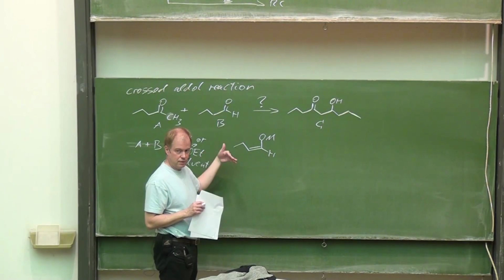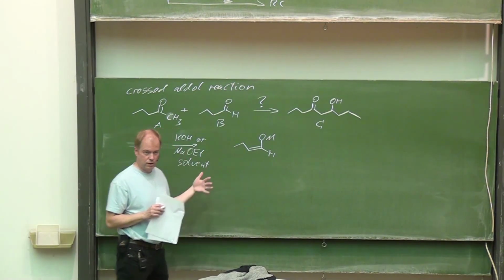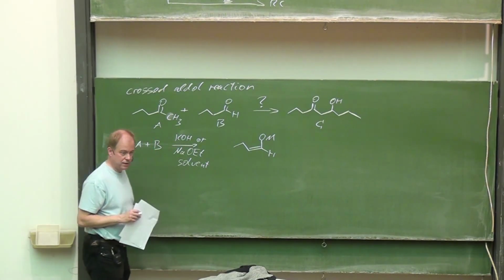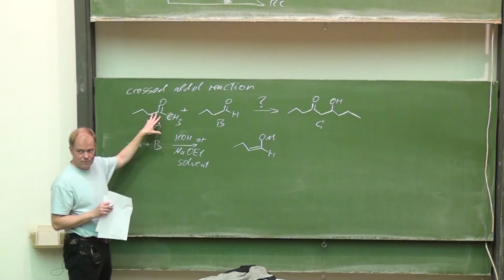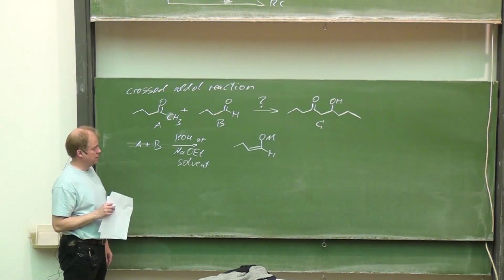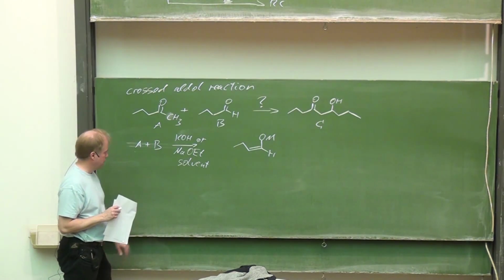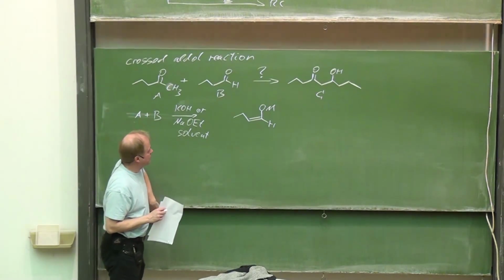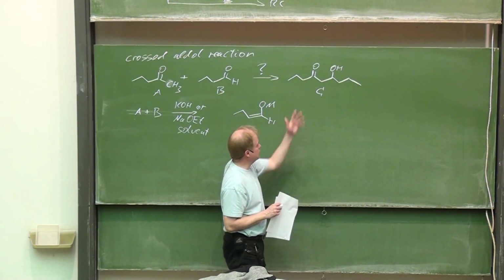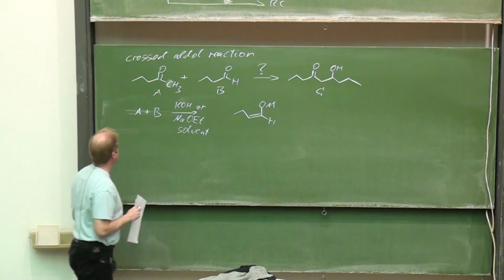And we will get the homo coupling product. Later on, after all the aldehyde has reacted, yeah, then the ketone will start to react. So we will get a mixture of products. Well, what can we do to get to this product?